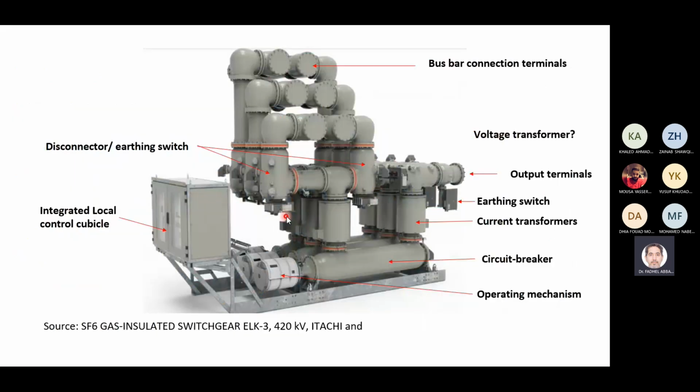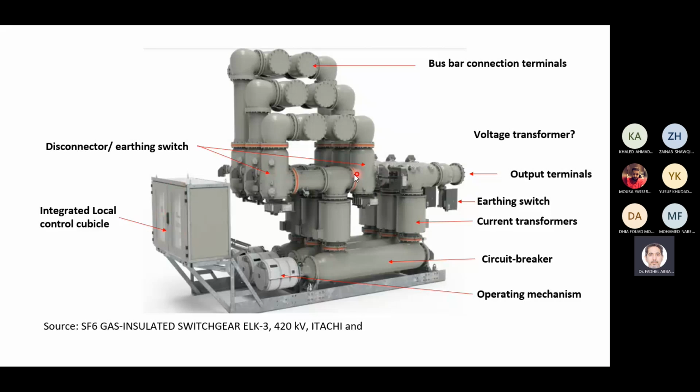So this is also an indoor SF6 circuit breaker. This is the operating mechanism. This is the circuit breaker here. These are the current transformers here. These are the 2 buses, phase bus A, bus B, bus C. So this is the operating and control mechanism.